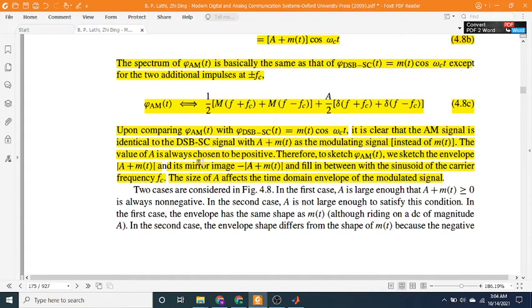The size of A affects the time domain envelope of the modulated signal. Two cases are considered in Fig. 4.8. In the first case, A is large enough that A + m(t) is always non-negative. In the second case, A is not large enough to satisfy this condition.